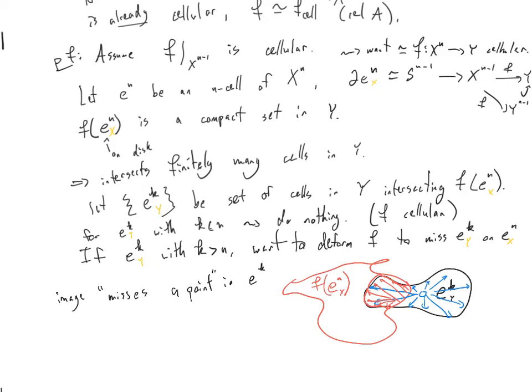And so then what we do is we will induct, or will just for loop over E_k in descending order, for k bigger than n. So we'll start with the biggest dimensional k's. We'll do all of those. We'll homotope them all at once. And then we'll do the next dimension down, then the next one, and we'll reduce that down to n plus 1. And then eventually everything will now be hitting only the n skeleton.